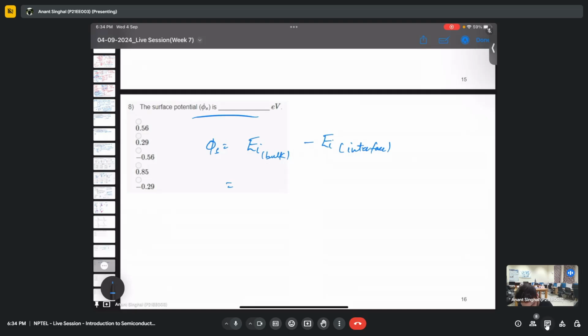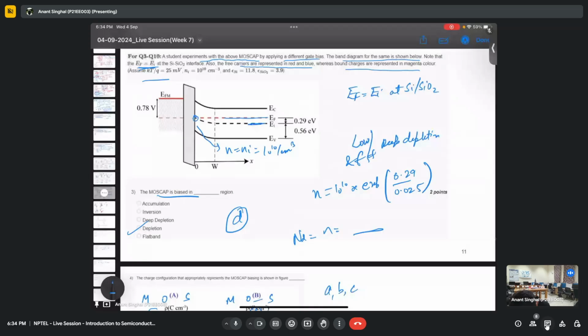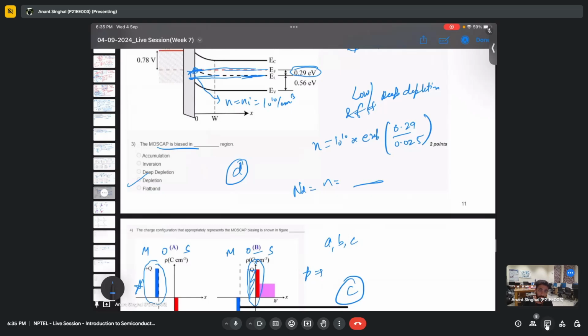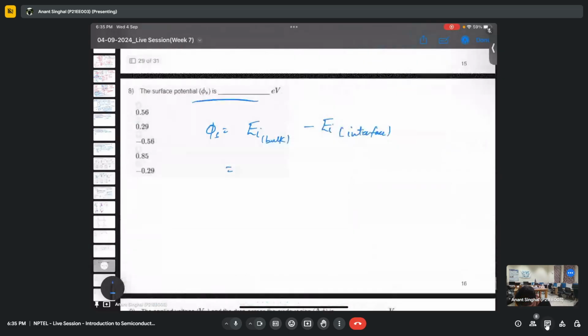So EI at bulk is this and EI at interface is this. Basically it will be minus 0.29. I hope you understand: EI at bulk is this particular thing minus this, right? So it will be minus 0.29 volts. Is it fine with everyone? Yes, sir. So it will be option E.